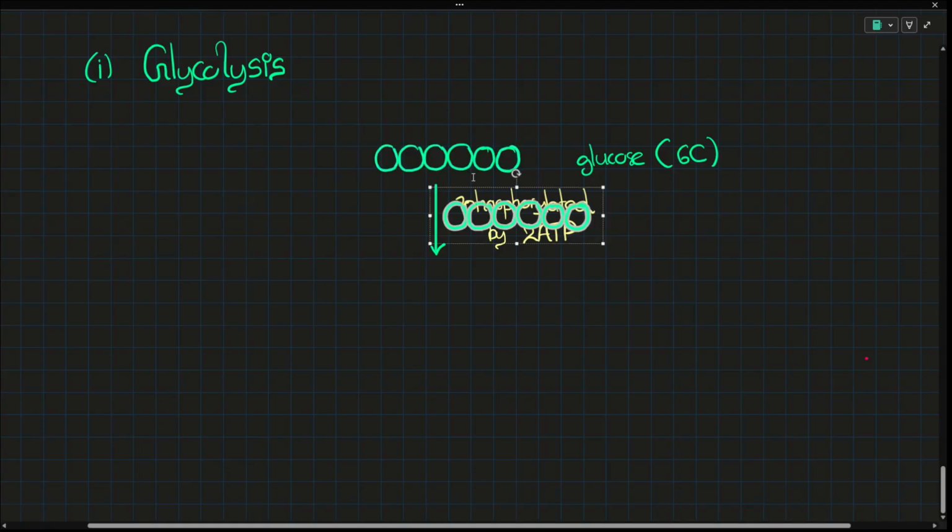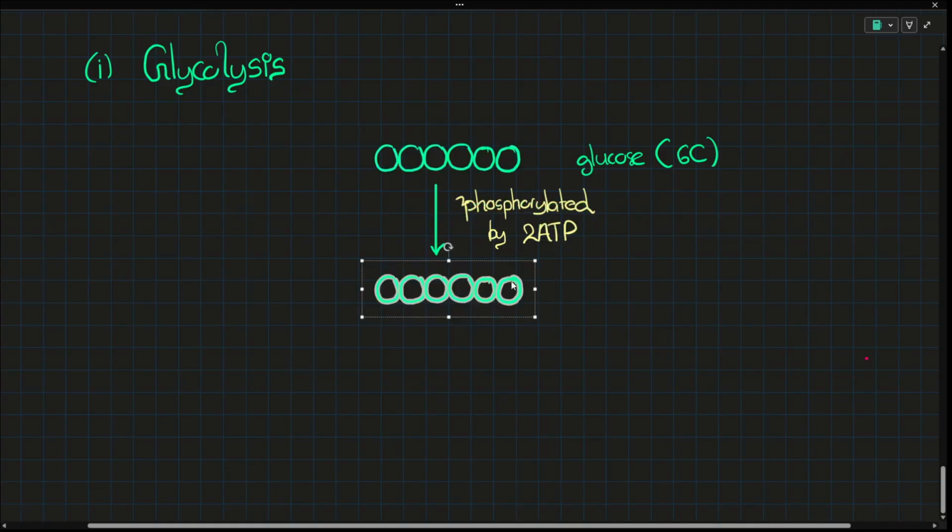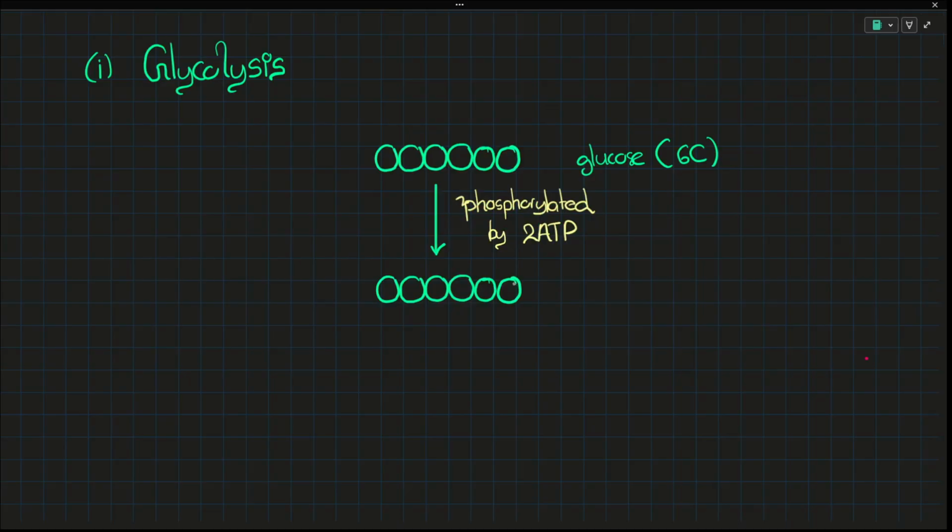So what would that look like? Let me duplicate that. So that is our same exact glucose molecule. Now this is phosphorylated by two ATP, like that. So I'm just going to represent the two ATP like that. Now this new molecule we have produced, we can't really call it glucose.